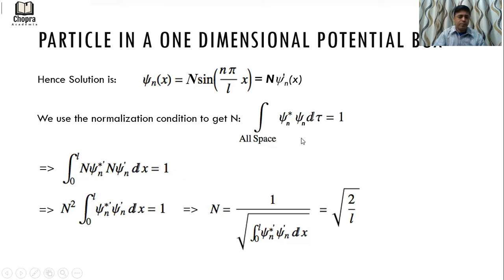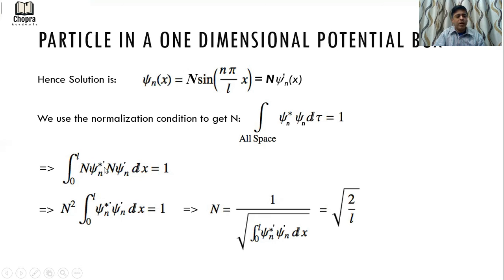Now let me substitute for my condition of the particle in a box of length L. I will be integrating from 0 to L, and let me open up psi n star in terms of psi n dash. So I get n psi n star dash times n psi n dash dx is equal to 1.